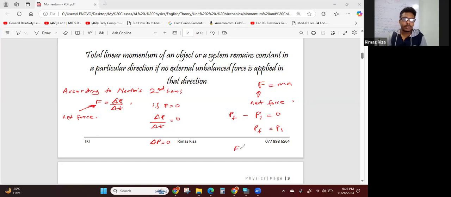Therefore, the final momentum of the object or system is equal to the initial momentum. You can write this down.